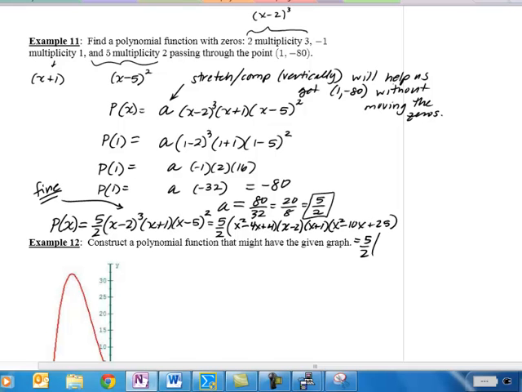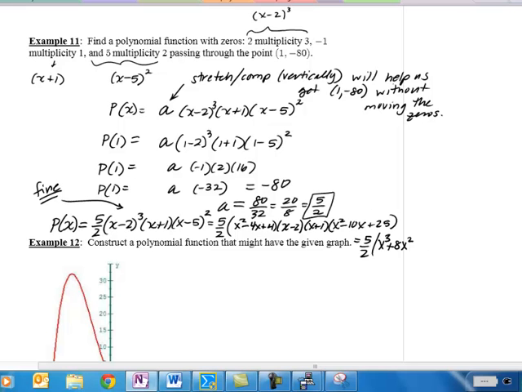So again, now I want to multiply the x squared minus 4x plus 4 times the x minus 2, and I'd have x cubed minus, where did I get that?